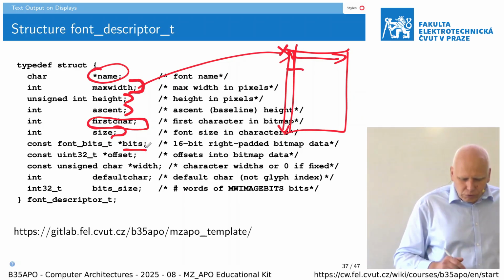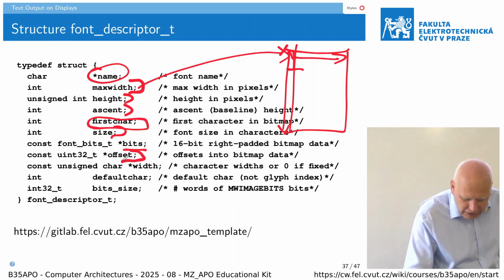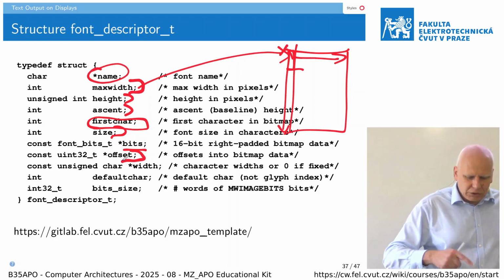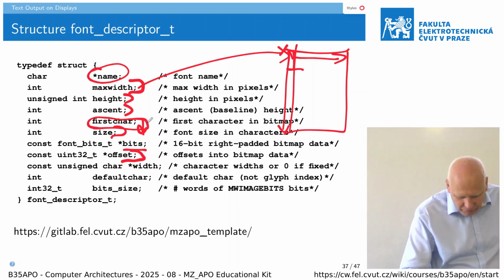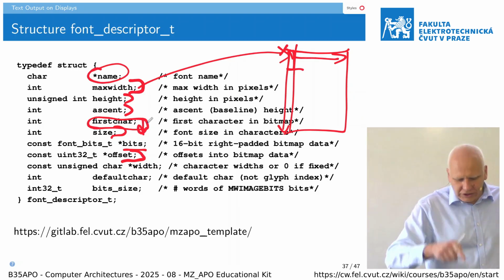And if you do not have the additional information, you can have there the offset, which maps the individual characters covered by the range to the offset to the bitmap.